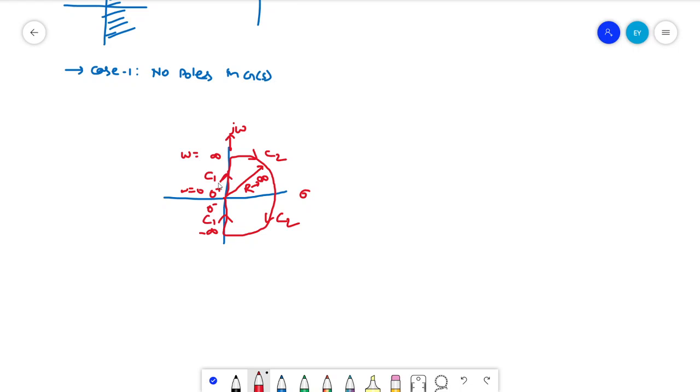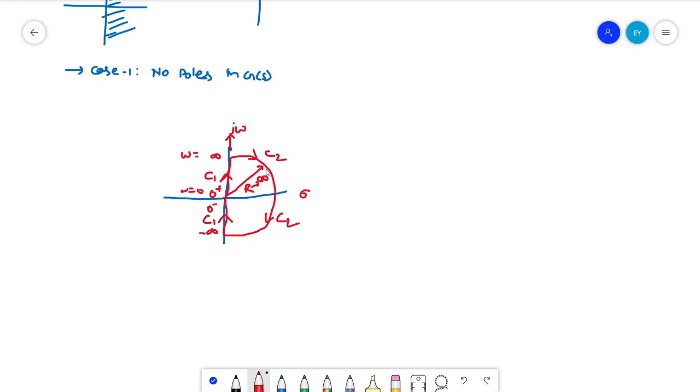In order to investigate the presence of poles on the G of s H of s right hand side plane, this is actually C, which can be C1 and C2. Overall it is C. C means actually enclosure.